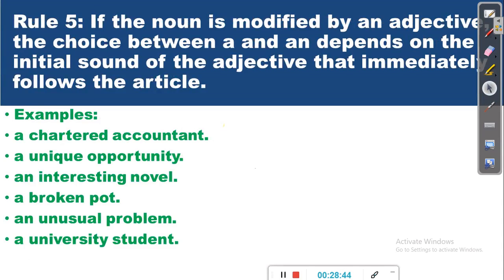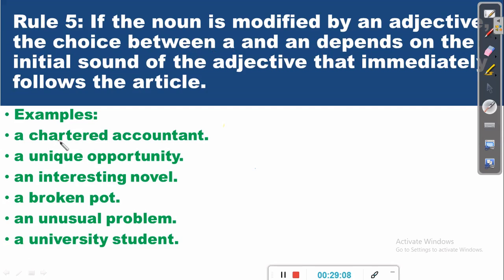Then the next is rule number 5, which states as follows: if the noun is modified by an adjective, the choice between a and an depends on the initial sound of the adjective. That is the adjective that immediately follows the article.